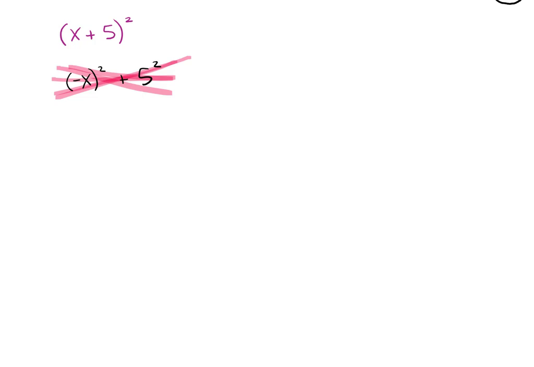You want to say, hey, I'm going to take this and plug in negative x here and do something like that. And then you actually don't need that parentheses there. But how do I simplify something like this? You cannot take that and say negative x squared plus 5 squared.